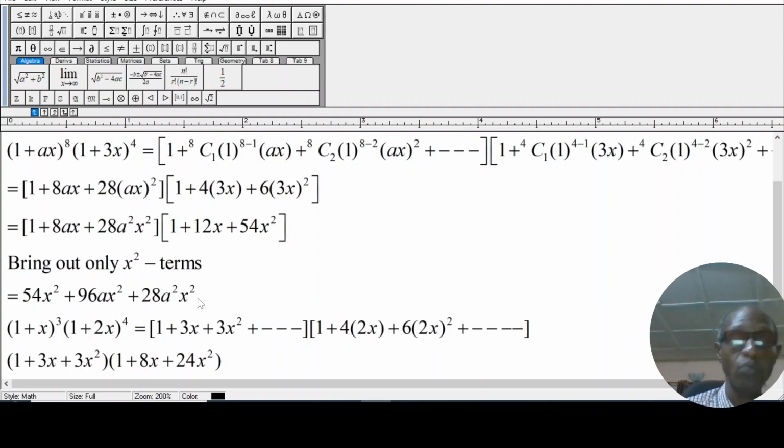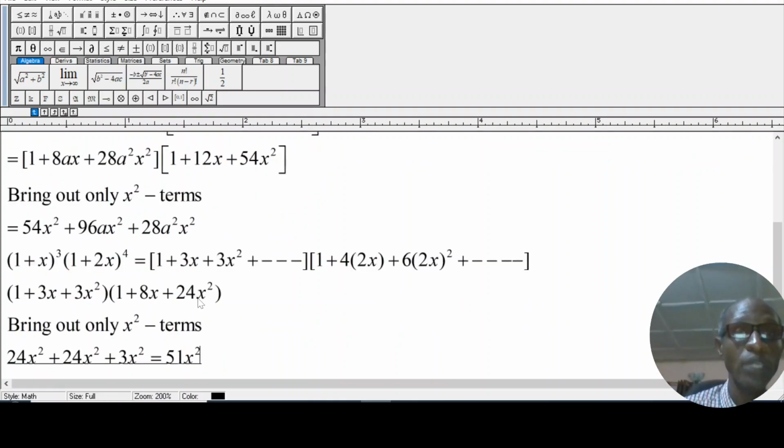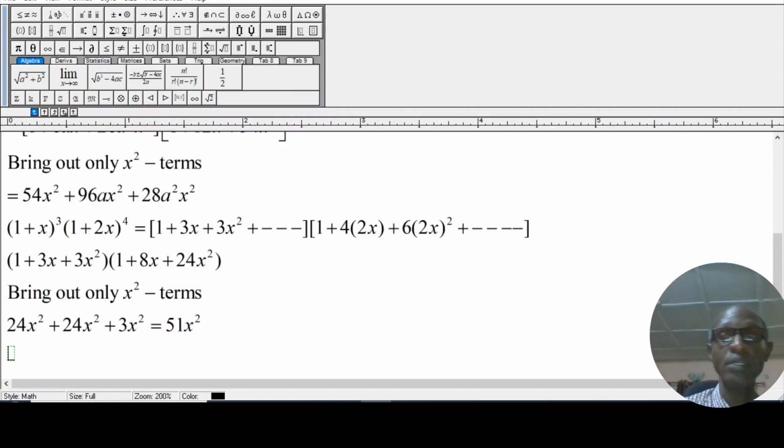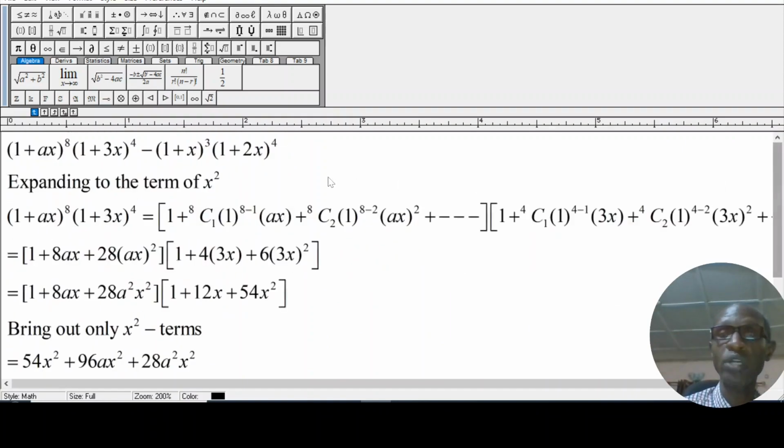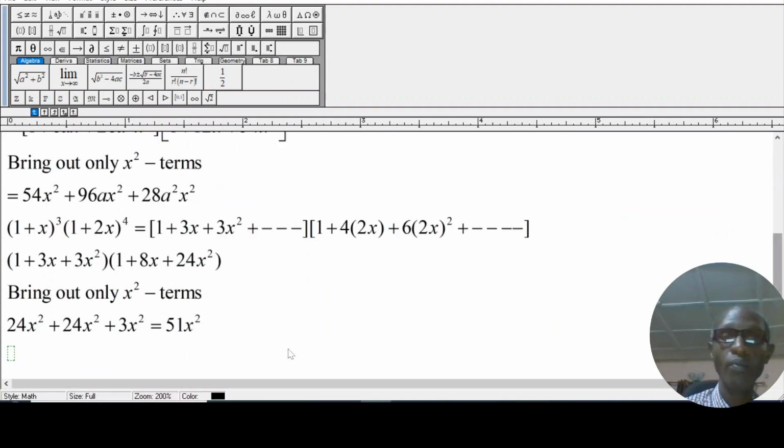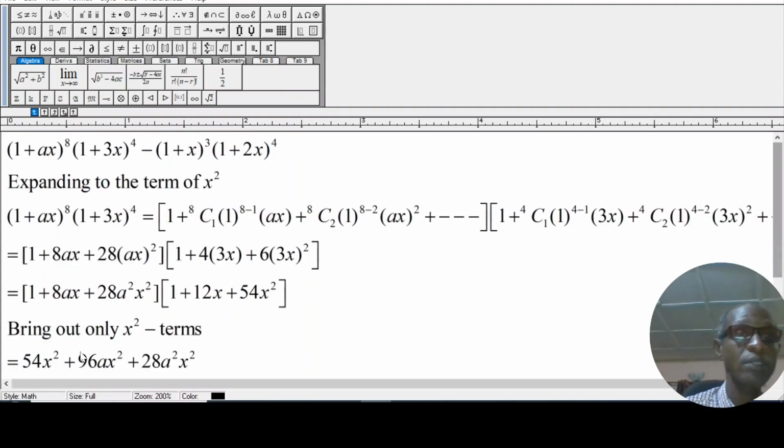So now, once we have gotten this, we can merge the two together. So we go back to the original question we are given because it asks subtraction. So I paste this.